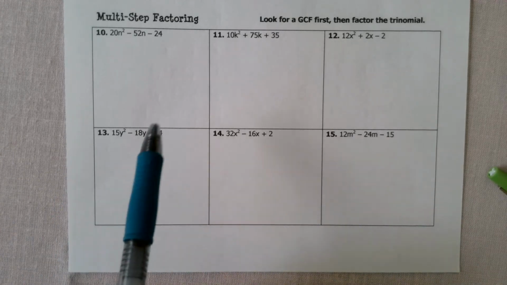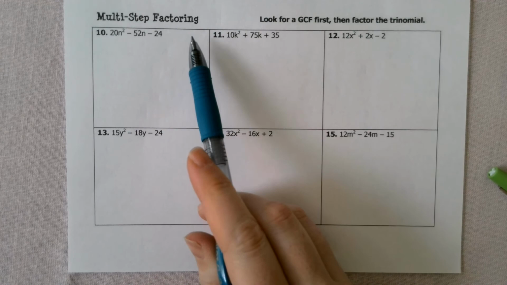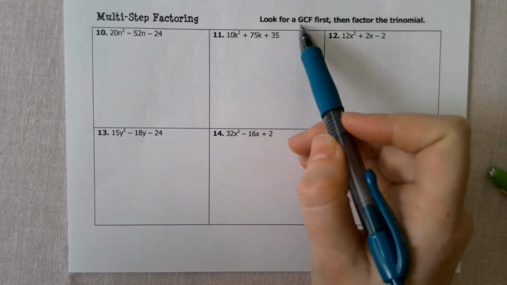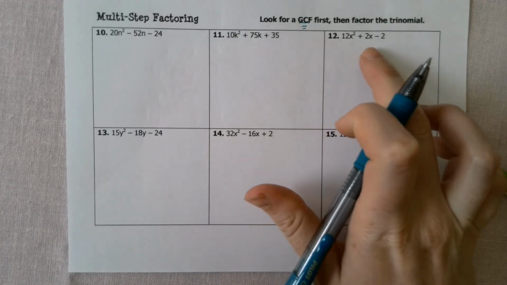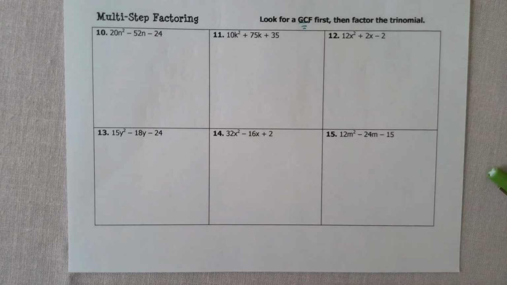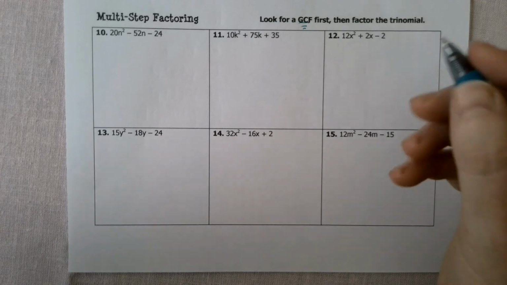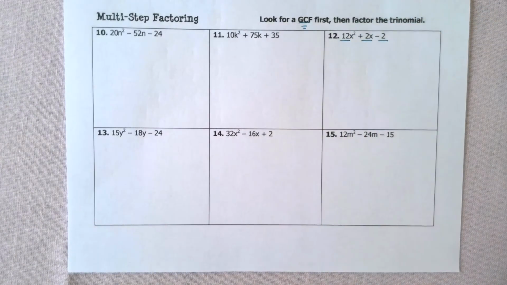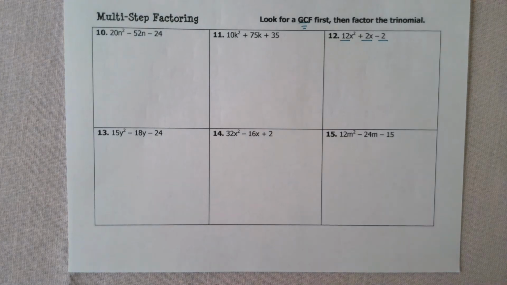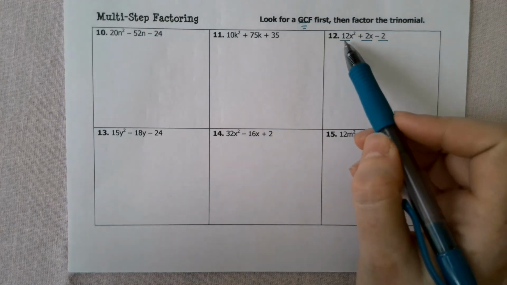So, the very first thing when we have multi-step factoring is that we need to look for a greatest common factor first. Okay? Greatest common factor is the number that you can multiply by each term. That's the word I'm looking for, term. Okay? So, what I want you guys to do is to go ahead and put division signs. Never do 1. 1 is not helpful. So start with 2.